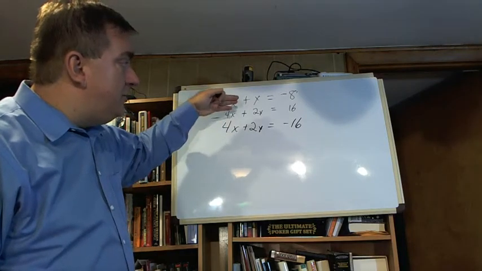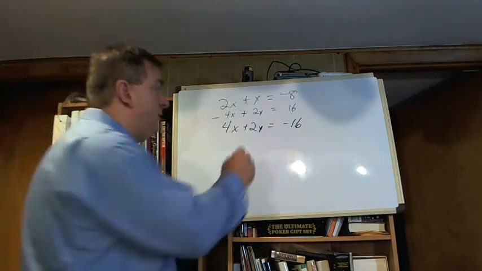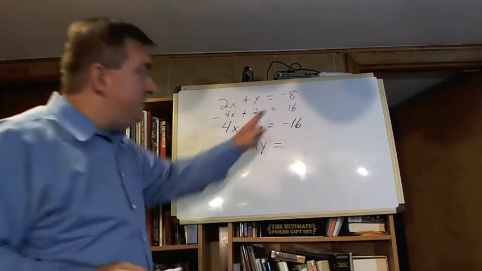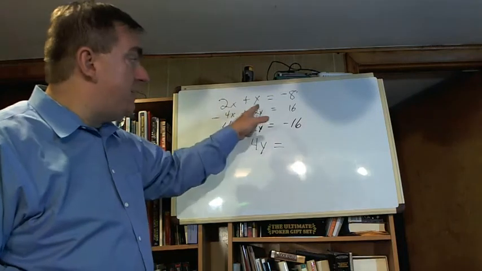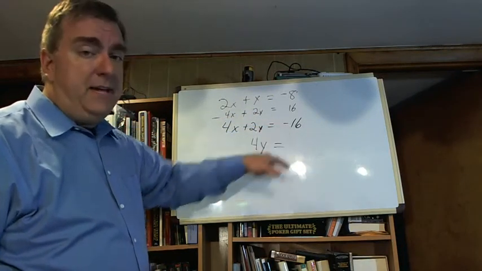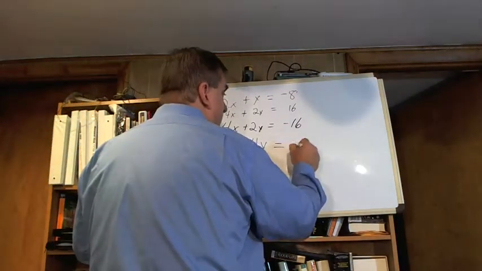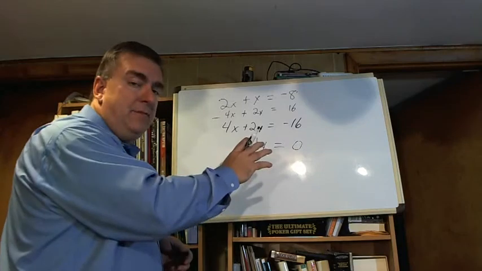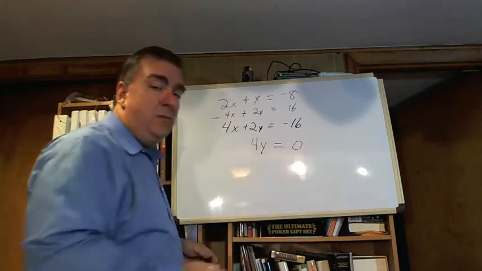The 2y plus the 2y leaves us with 4y, and the positive 16 from the second equation is canceled by the negative 16. So by simply multiplying by 2, we're able to nicely simplify this to 4y equals 0.